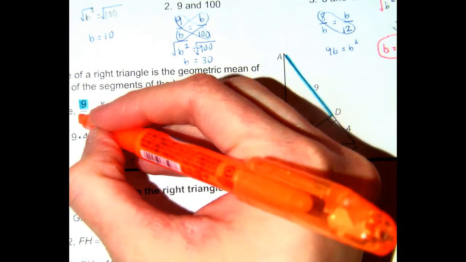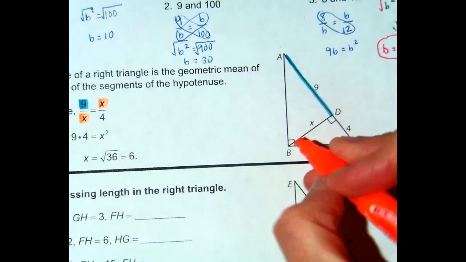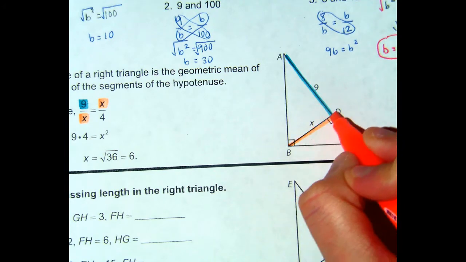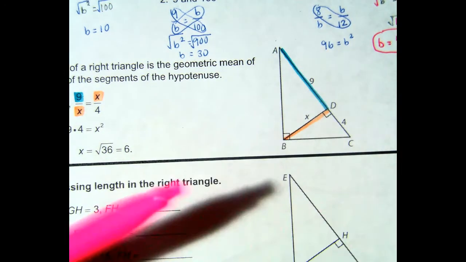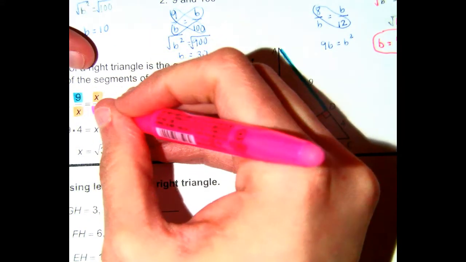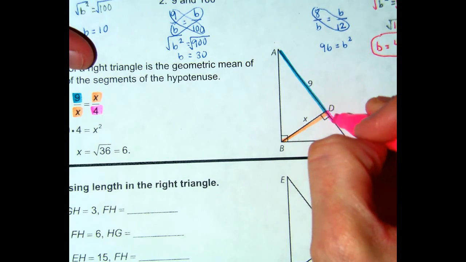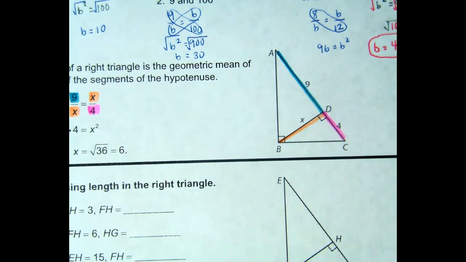This value right here, x, is the altitude of the triangle. And 4 is the other portion of the hypotenuse.